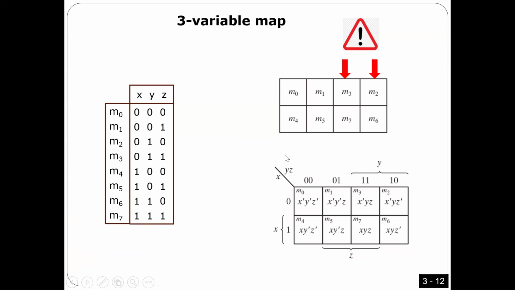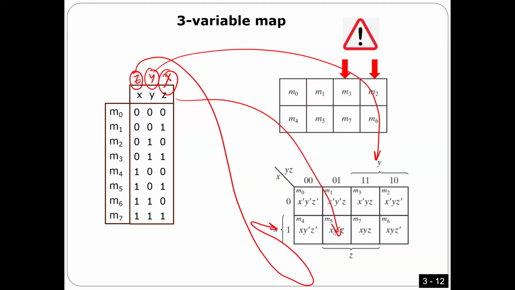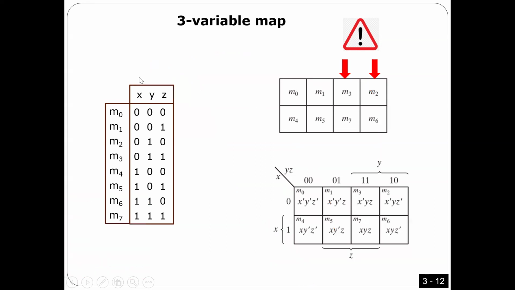I can change it and say Z, Y, X. Again, whatever you have here has to be here, whatever you have here has to be here. I'm not going to trick you in quizzes or anything, but I just want to bring this to your attention. So here, in this case, the most significant one I call X, that's why this is X.